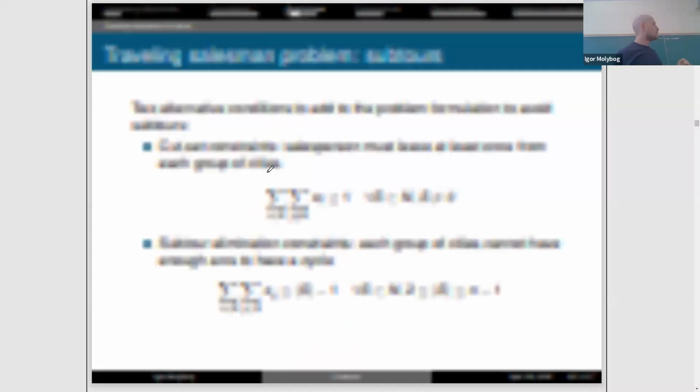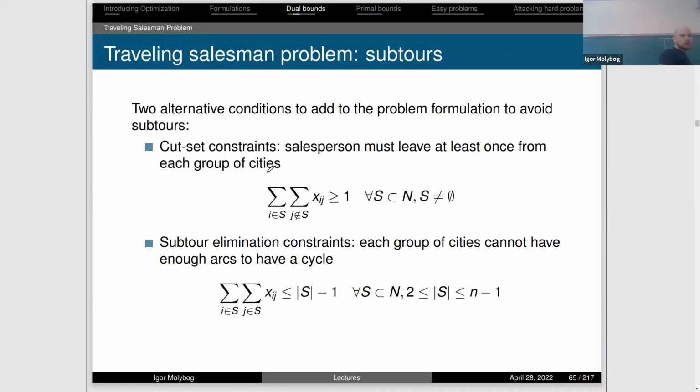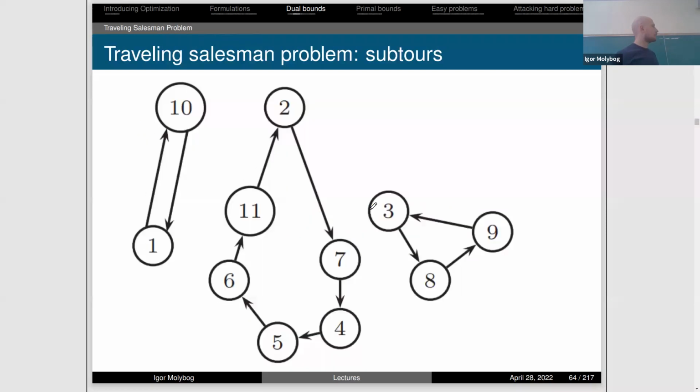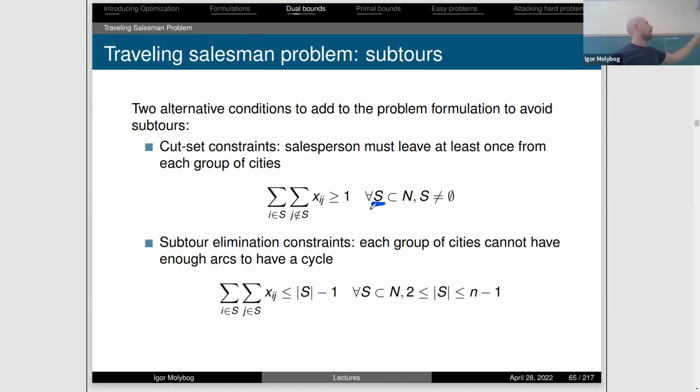And then for each S, there is a particular subtour that violates this particular constraint. For example, let's draw the graph. I think that there was a graph like this. Had a subtour.